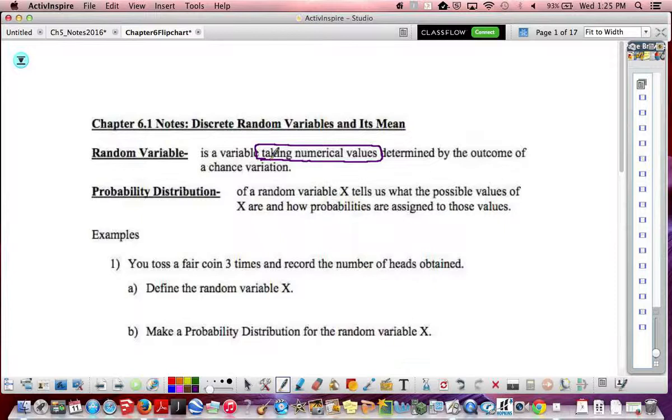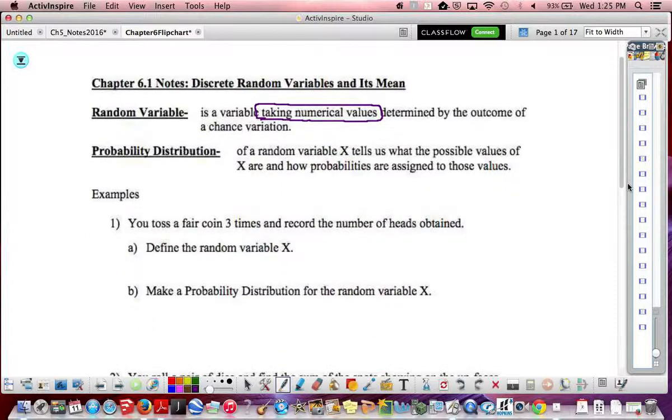So, in Chapter 5, we talked about this kind of probability distribution. We'll define some random variable x. We'll look at all the possible values of x, and then all the probabilities that are given to those values.